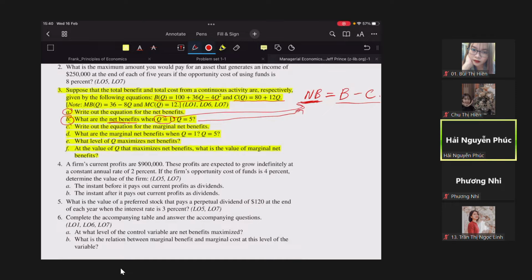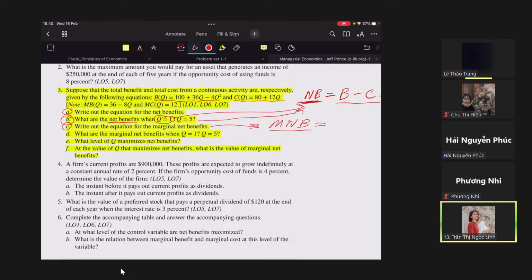Now question C. They ask you about the equation for the marginal net benefit. Recall that marginal net benefit is MNB, right? What is the formula for marginal net benefit that we have? Marginal benefit minus marginal cost.